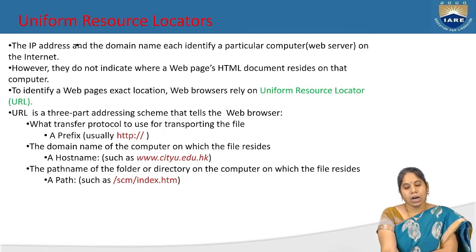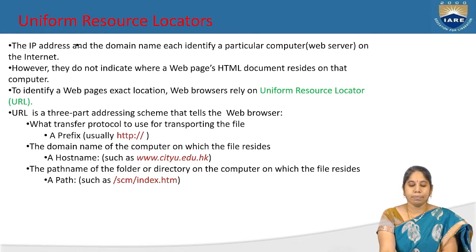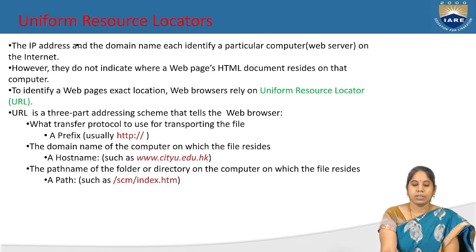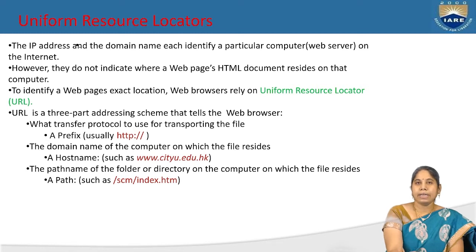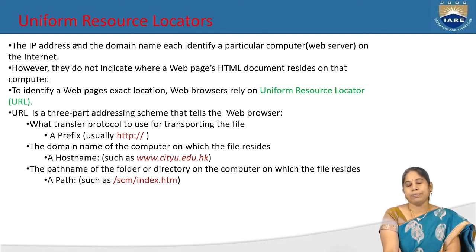Because we say that a website, or the web, is a collection of many web pages, how do we find a particular web page? Once we have the IP address, we use a Uniform Resource Locator. The IP address and domain name each identify a particular computer, a web server, on the internet.